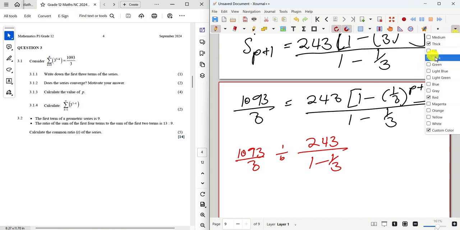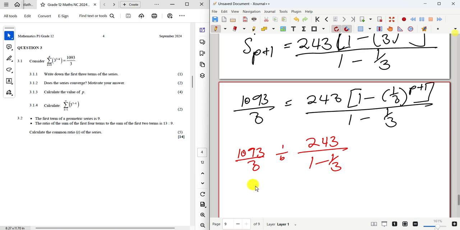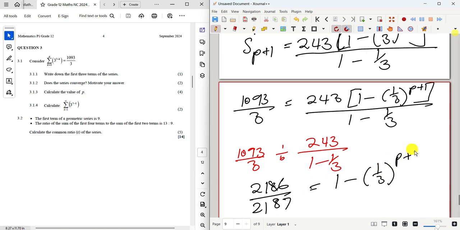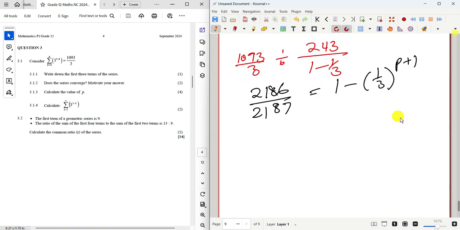Now, back to black. This will then become 2186 over 2187, which is equal to 1 minus 1 over 3 to the P plus 1. So we just swap. You come this side and you go that side, but this is not necessary, guys.